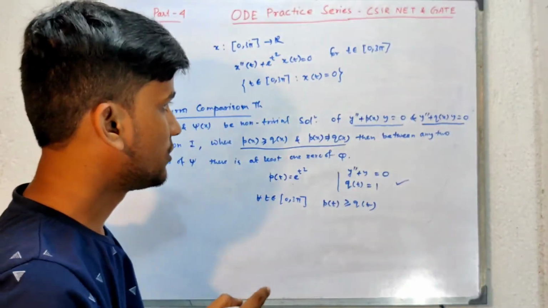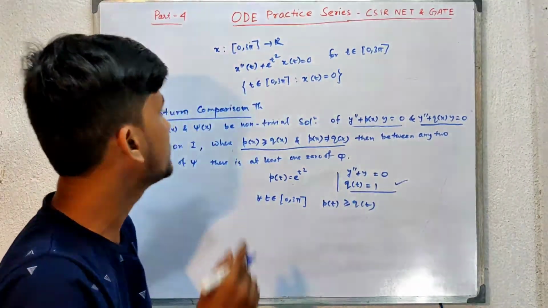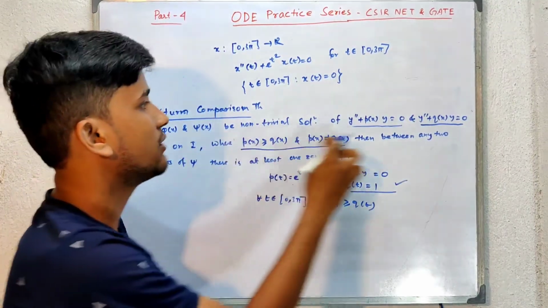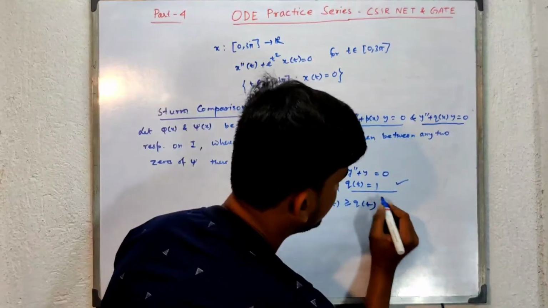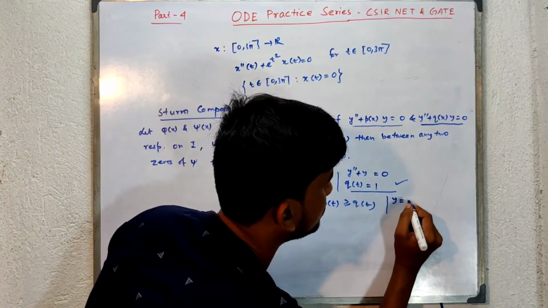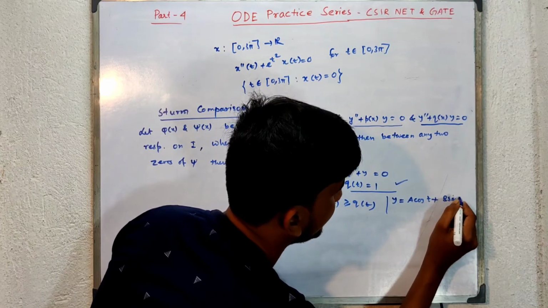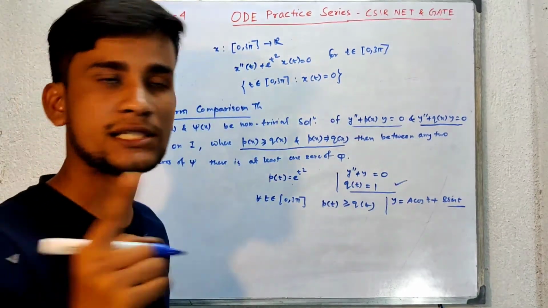Now, what is the solution of this equation? Phi and psi are the solutions of these two equations. Clearly the solution is a cos t + b sin t, so sin t and cos t are two solutions.